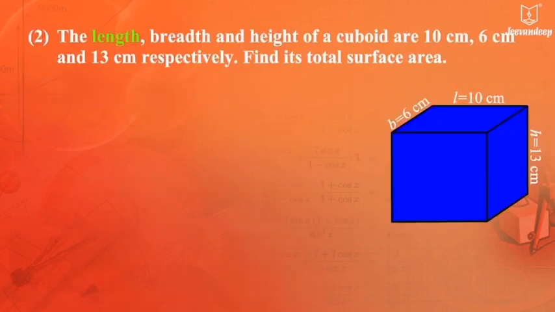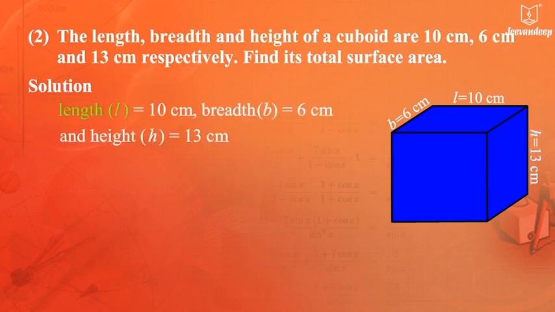2. The length, breadth and height of a cuboid are 10 centimeters, 6 centimeters and 13 centimeters respectively. Find its total surface area. Solution.